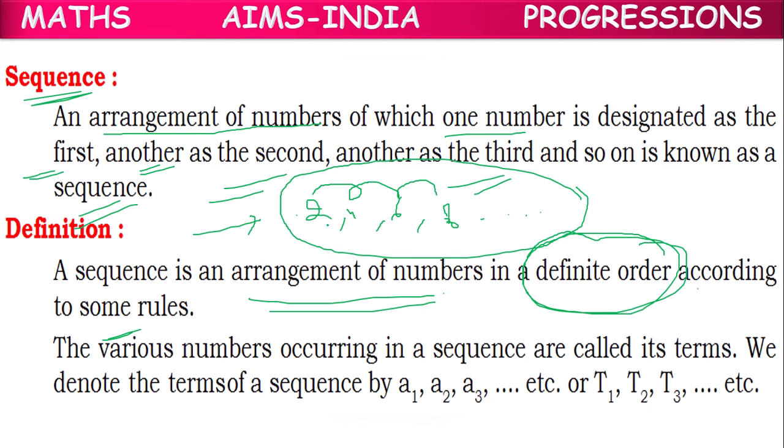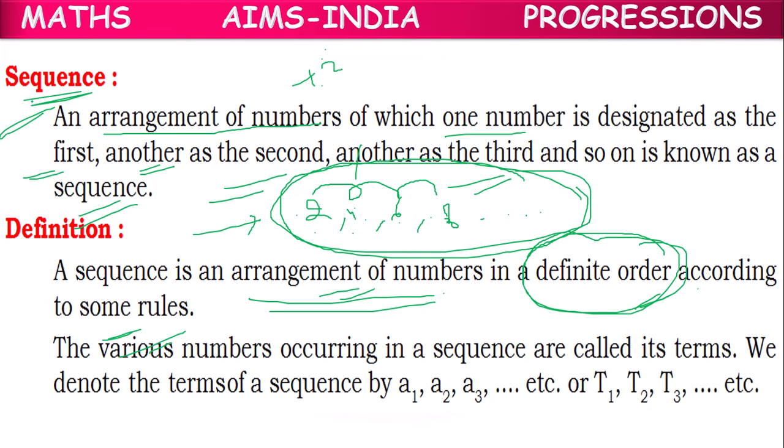The first number is 2. We are getting the second number by adding 2 to the first number. 2 plus 2 equals 4. 4 plus 2 equals 6. 6 plus 2 equals 8. So this arrangement of numbers is in a definite order, so it is known as a sequence.